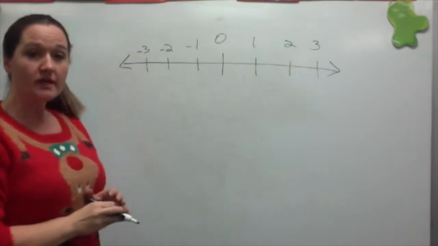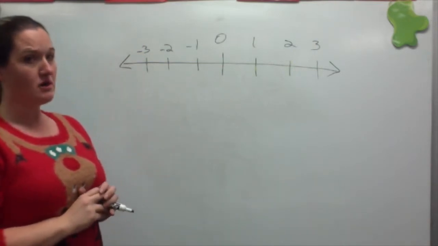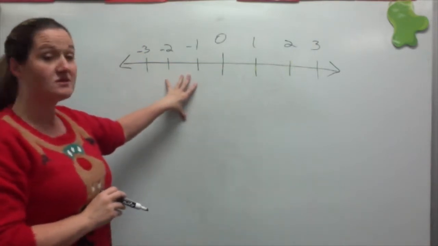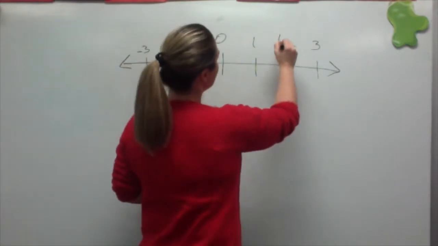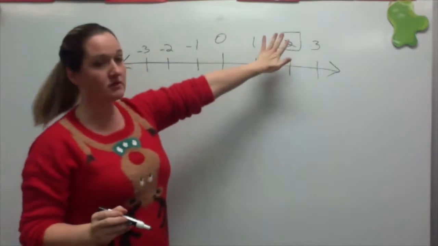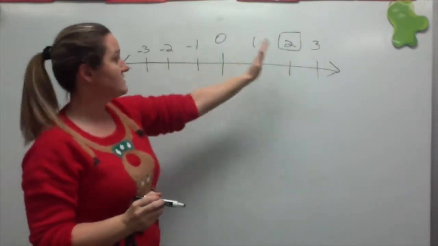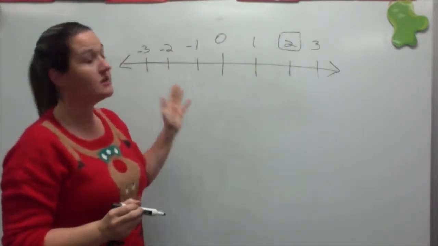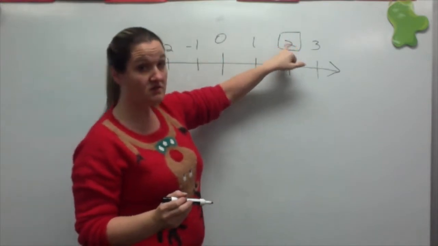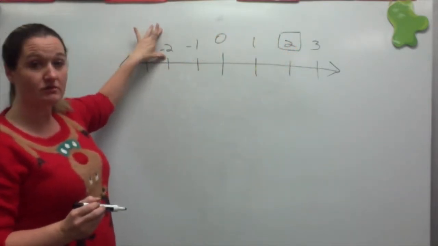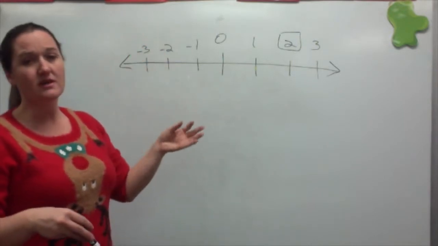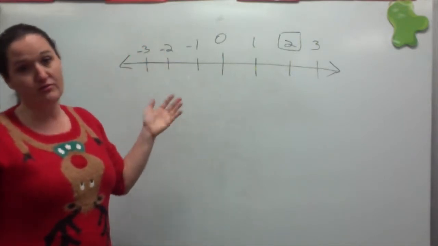When we talk about math opposites, they want to know what number is the same distance away from 0 on the other side. So the opposite of positive 2, well, here's 0, it's 2. 2 this way is -2. So the opposite is basically the negative or positive version of whatever that number was.